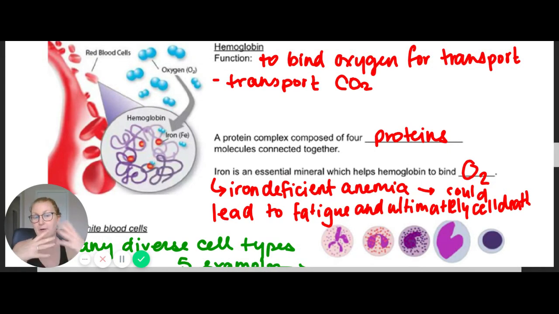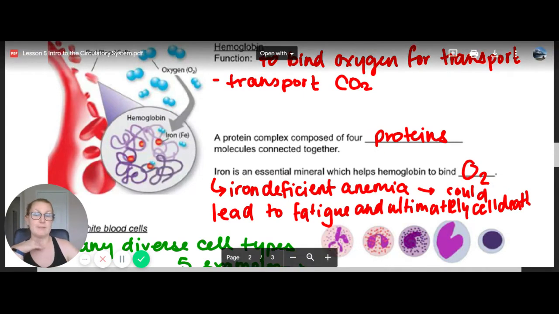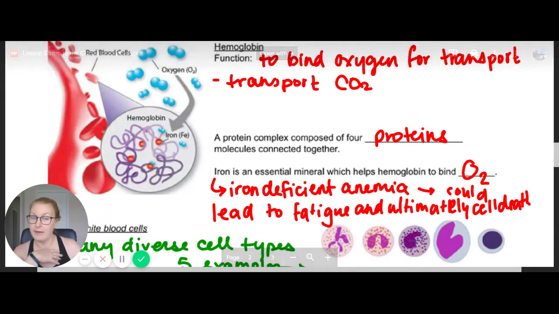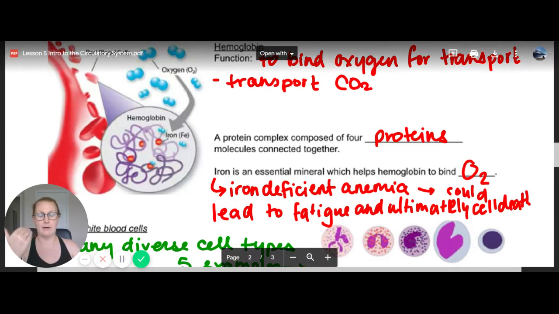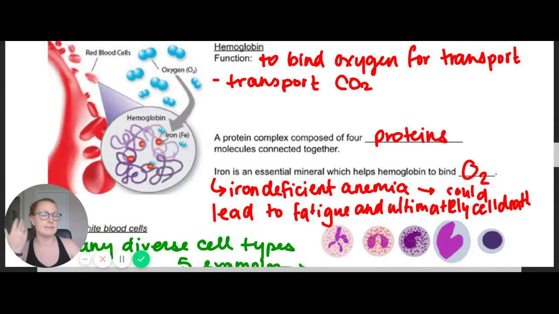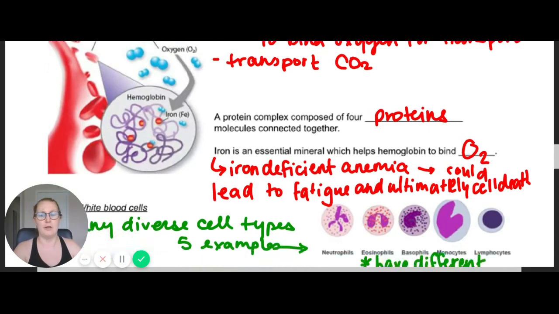So without enough iron here, you could end up with what's called iron deficient anemia. So this sort of has the symptom of things like fatigue. It could actually end up in some of your cells dying because they're not getting enough oxygen and so forth. So that's what we call anemia. Okay, that's the red blood cells not efficiently getting oxygen around the body.